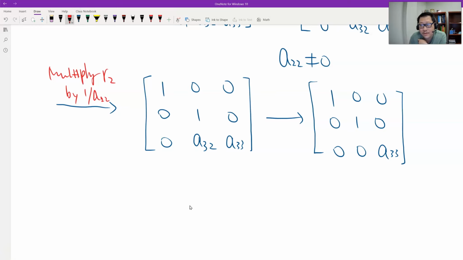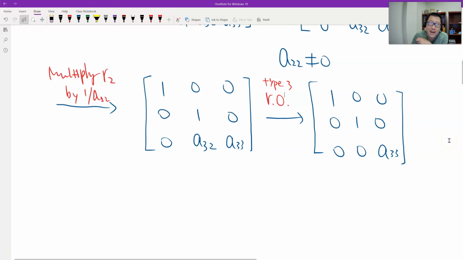This is the third type of row operation. Now look again: A33 stays the same, because the third type will not change A33, since the entry there is 0. That's the key. When we keep A33 here, we need A33 to be nonzero, otherwise the last row is 0.